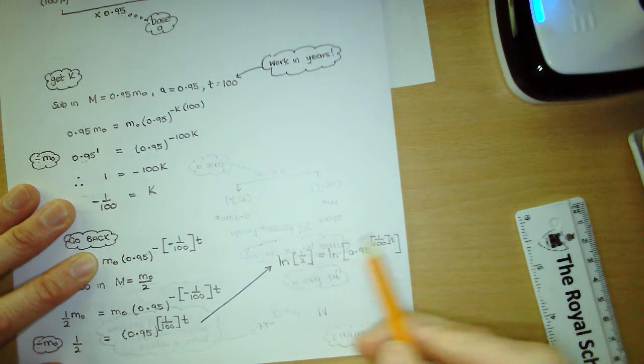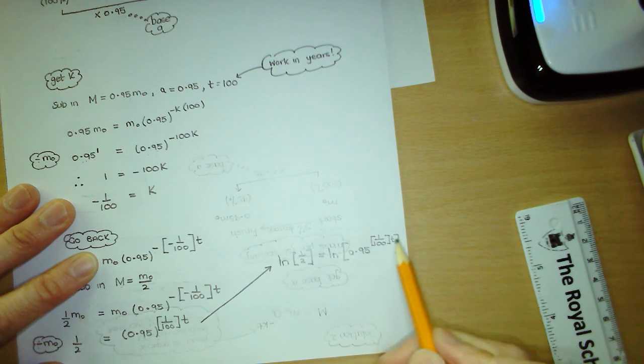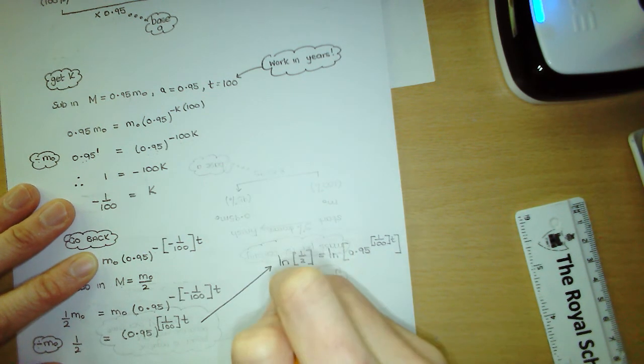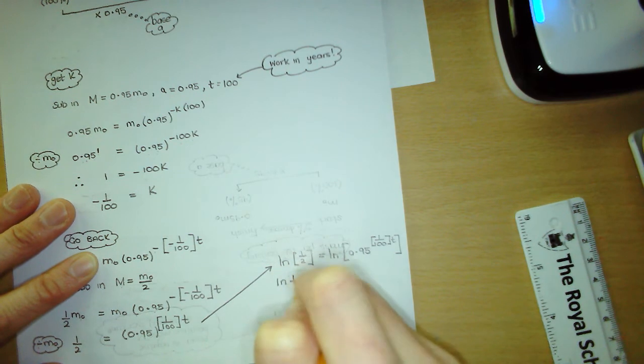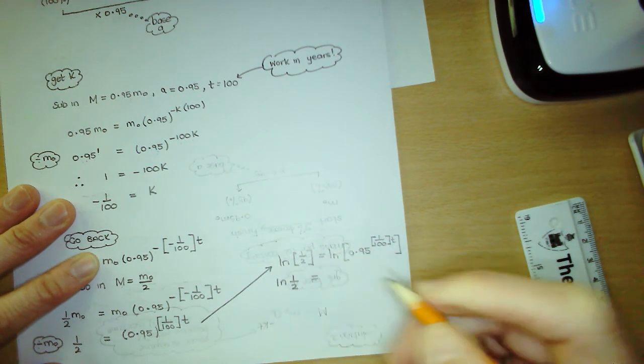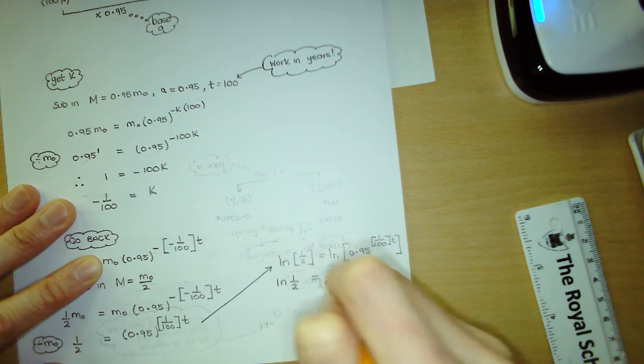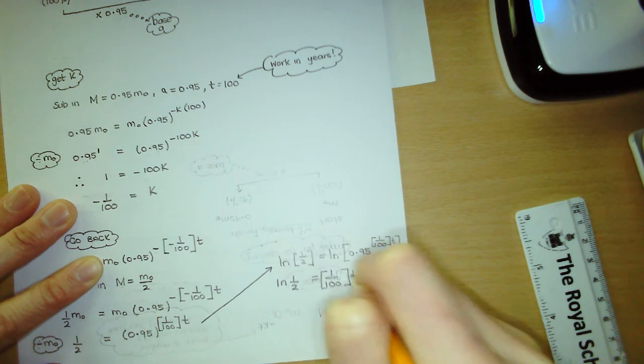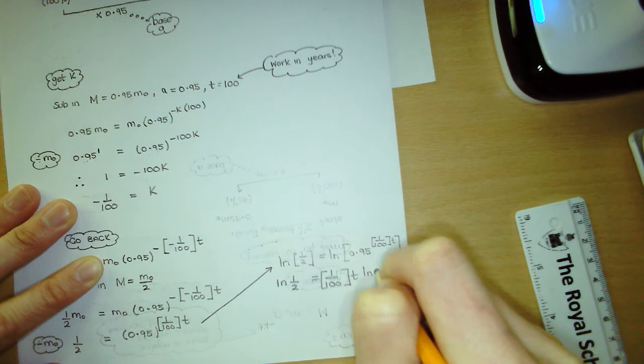So I'm now going to use log rule 3 here to make this power the coefficient of this log. So we're now going to get natural log of a half is equal to 1 over 100 t times the natural log of 0.95.